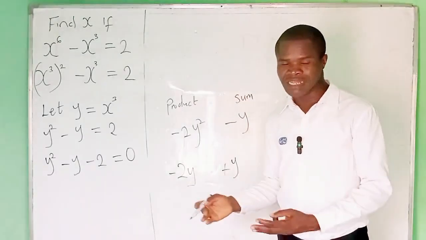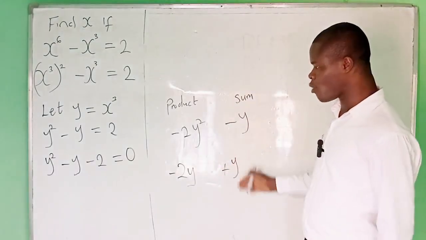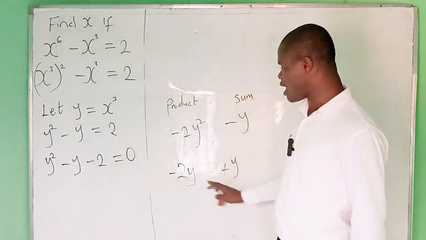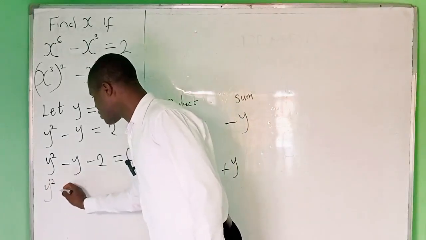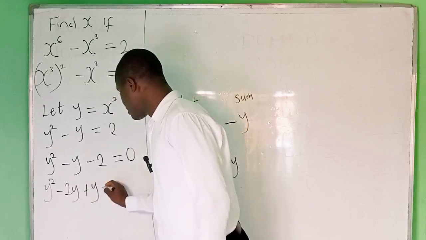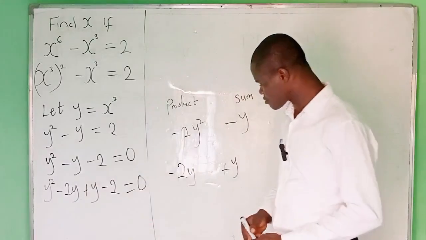When the coefficient is 1, we don't write it, we just write y. So replacing the middle term with minus 2y plus y, it becomes y squared minus 2y plus y minus 2 equal to 0.